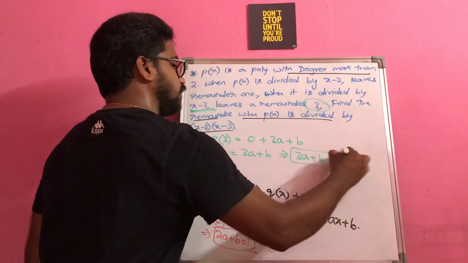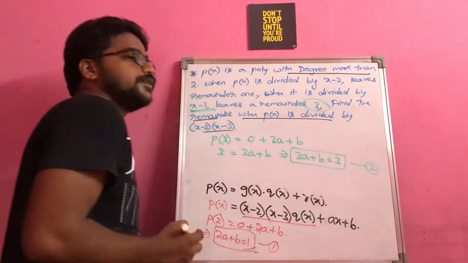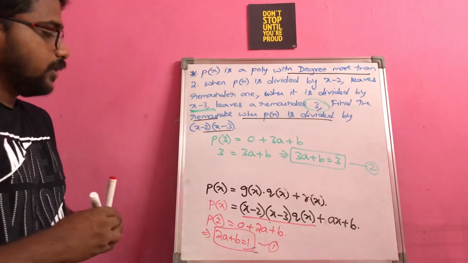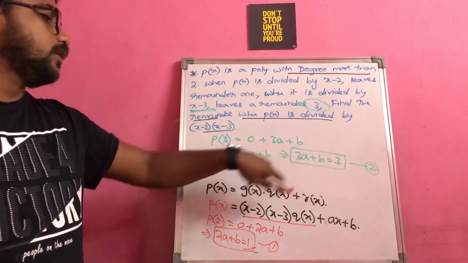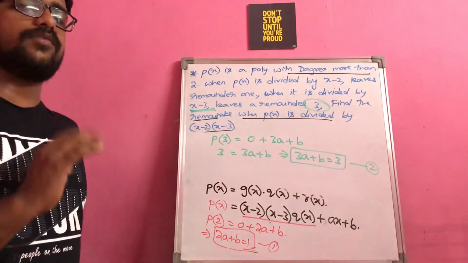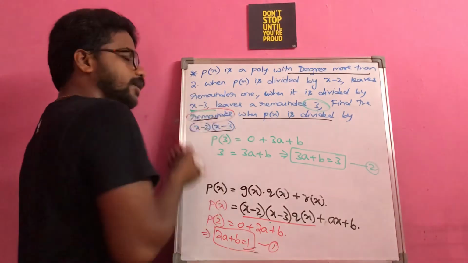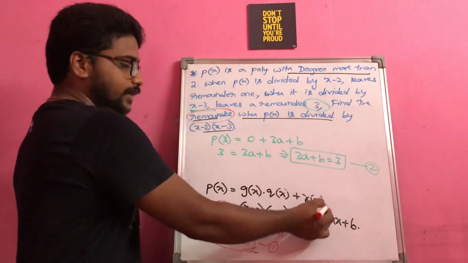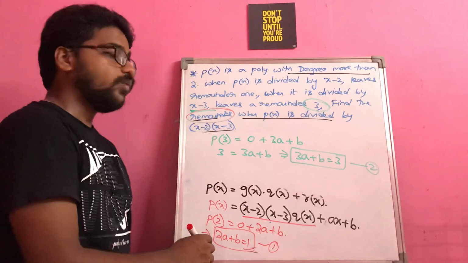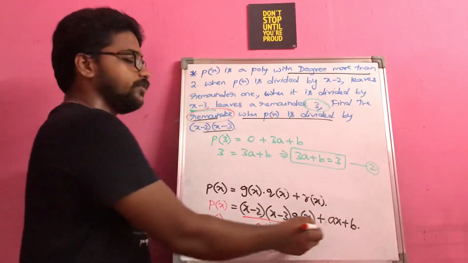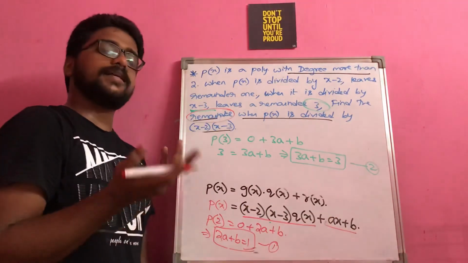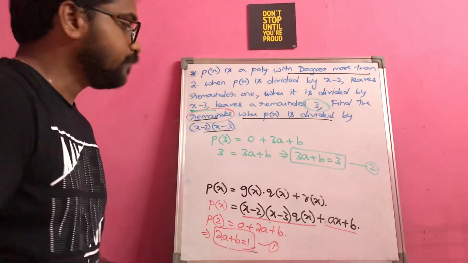This is the other relation we have. Now if you simplify these two equations, you will get the values of a and b. They are expecting us to find the remainder, and the remainder we considered as ax plus b itself. Once you know the a and b values, substituting in ax plus b will give you the remainder.